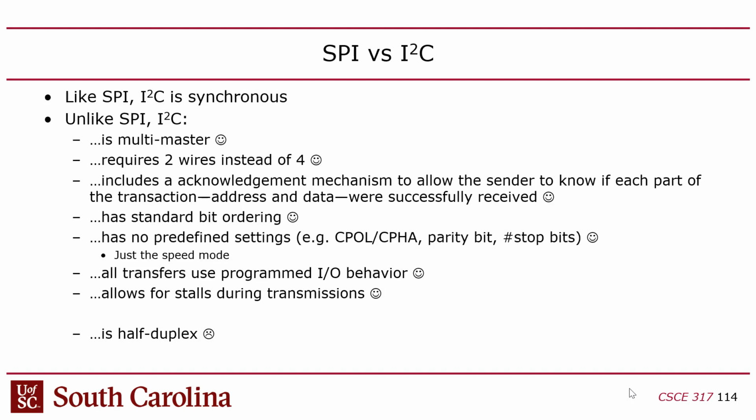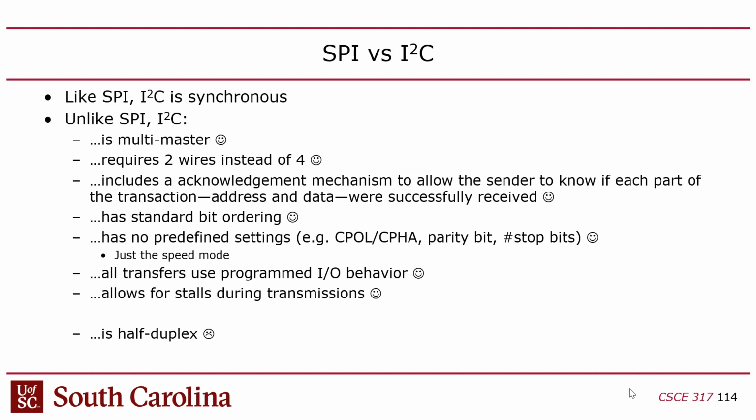So the objective is to have the bus be multi-master. It only requires 2 wires instead of 4, so it's a little bit more space efficient than SPI. The other nice thing it has that SPI doesn't have is an acknowledgement mechanism. Every transaction has 2 parts, right?